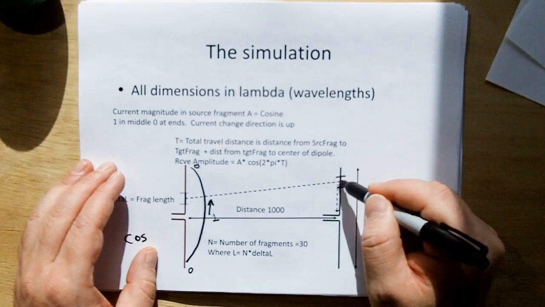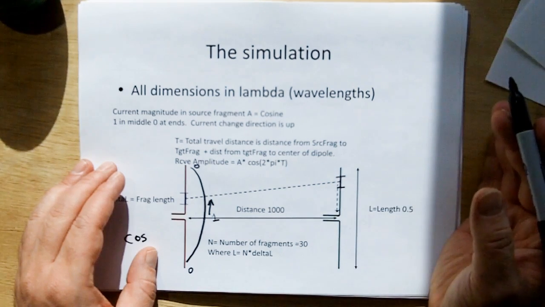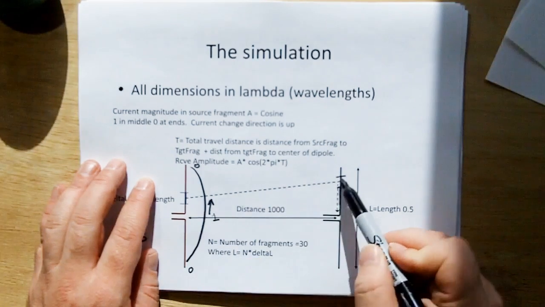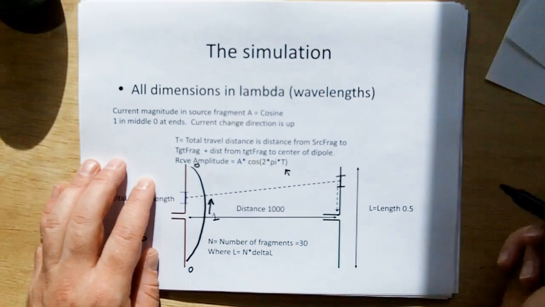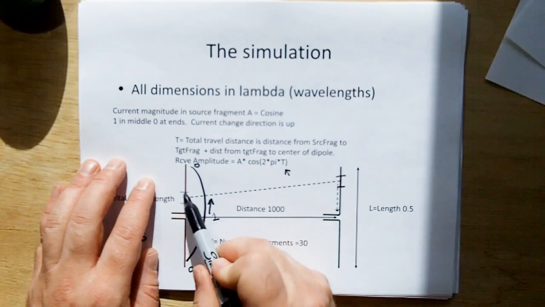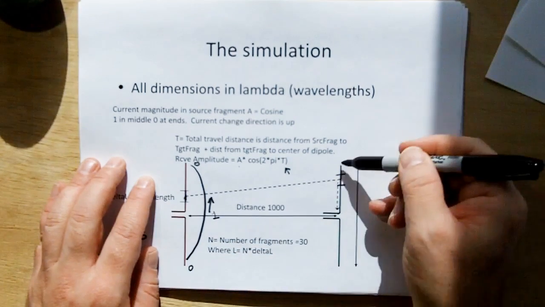Then you compute the distance from the target fragment to the center to get the total distance traveled, in wavelengths. That's the total distance t. Multiply it by 2 pi, take the cosine, and multiply it by the amplitude of this fragment. Then just sum that up.